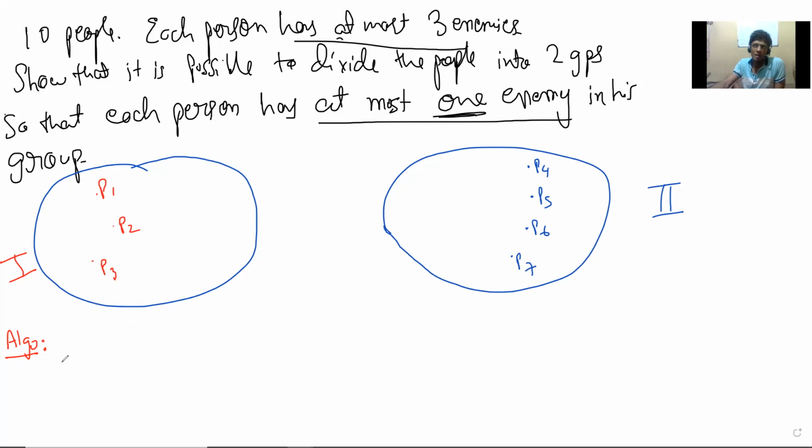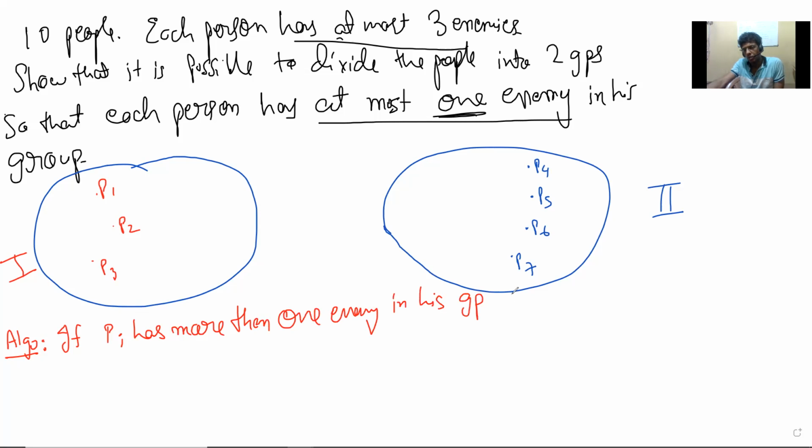So the algorithm is that if some person Pi has more than one enemy in his group, then he moves to the other group.